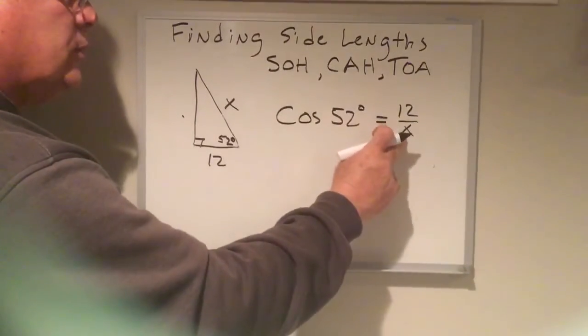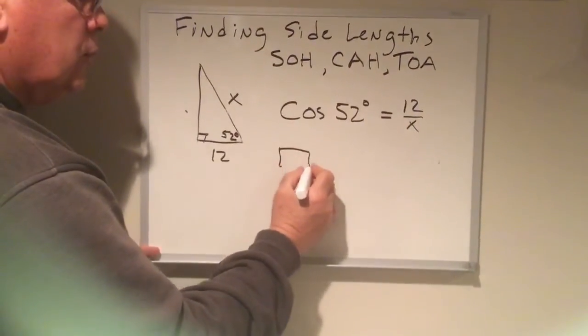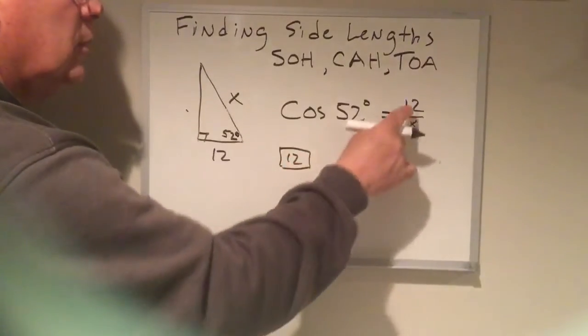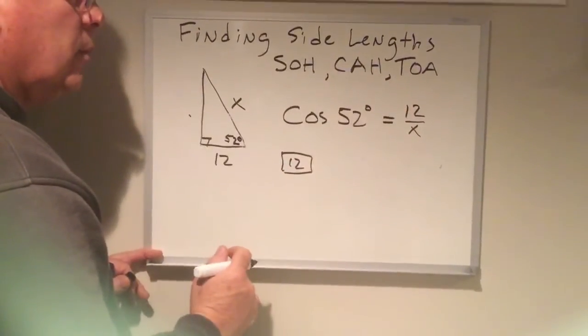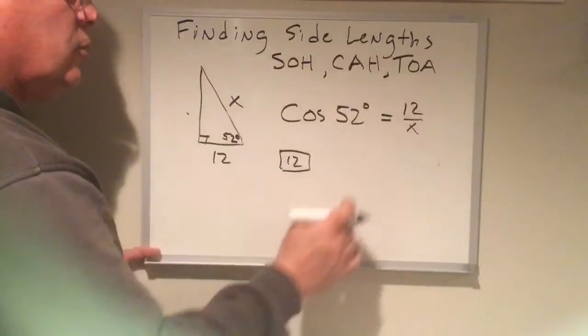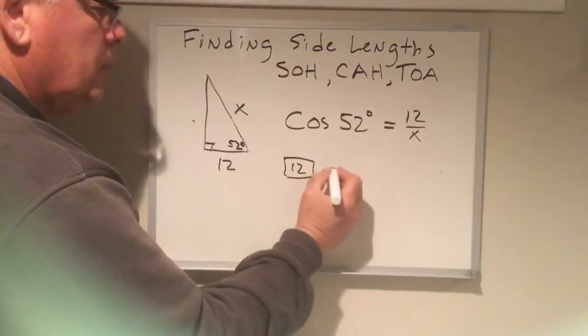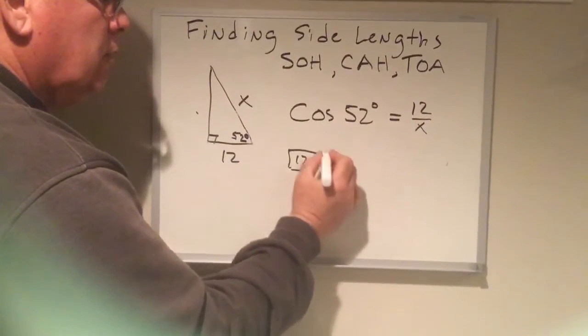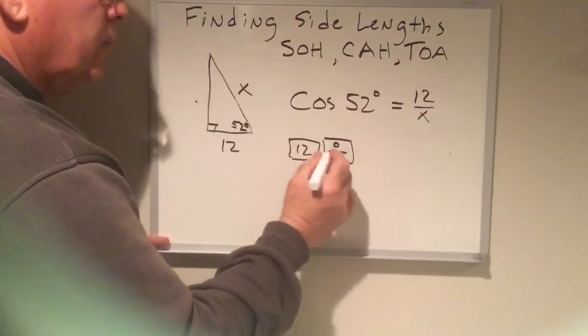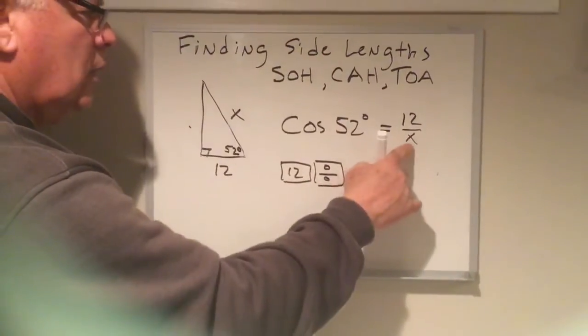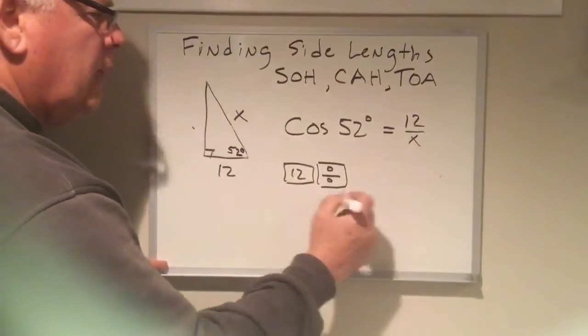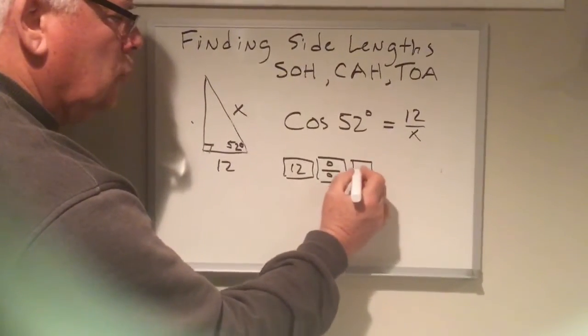Before, when the 12 was down here, we put in 12. We're still going to start with the 12. I always start with the number that's on this side, whether it's numerator or denominator. But if it's in the numerator like that, you take 12 divided by cos 52.